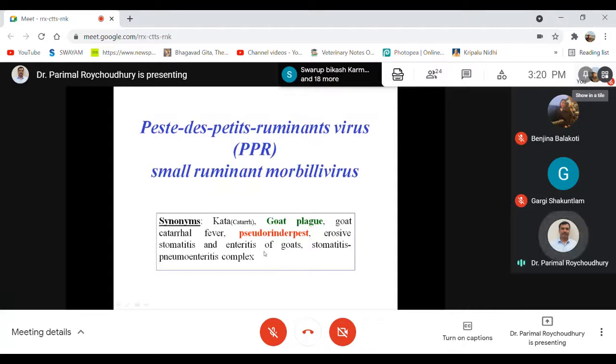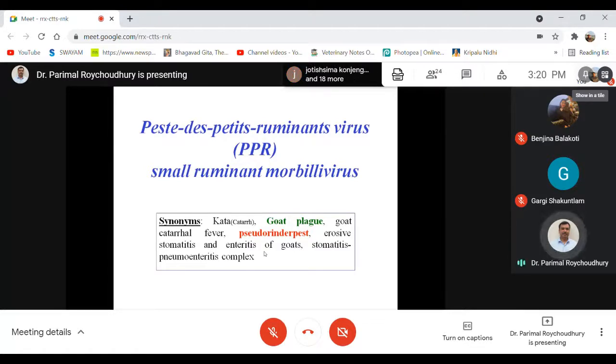Now coming to another Rinderpest-like disease. Now this is very much prevalent in our country, and this is one of the major causes of goat mortality, a viral disease of goats. It's called PPR, Peste des petits ruminants. The meaning is small ruminant infection.